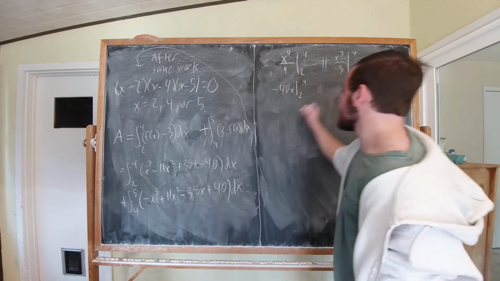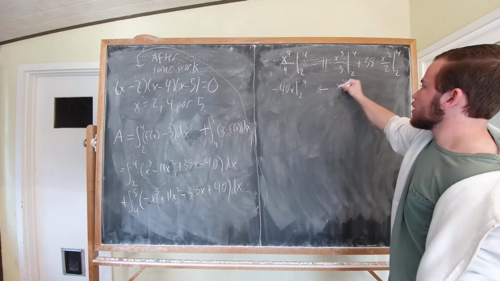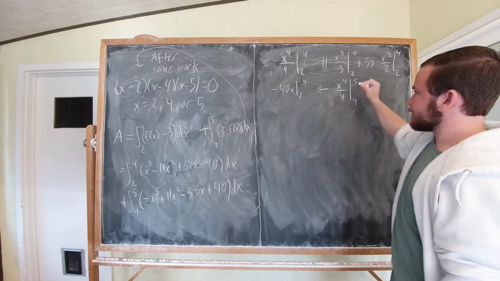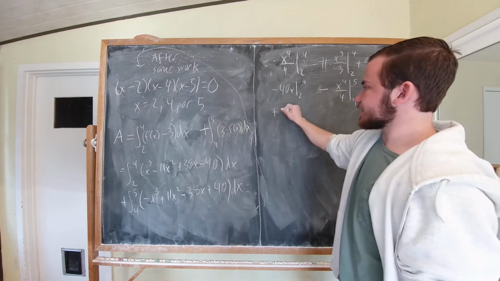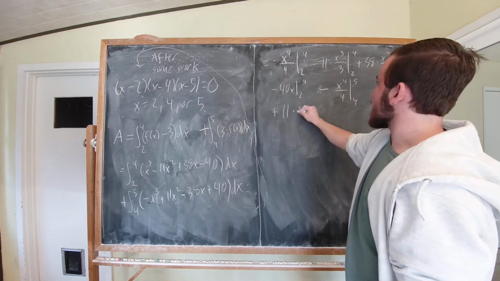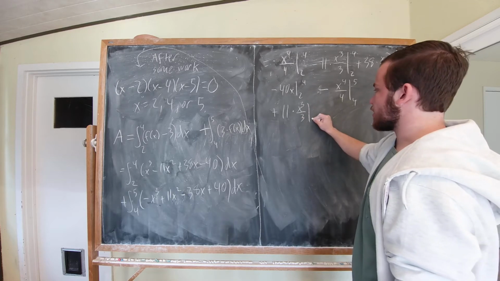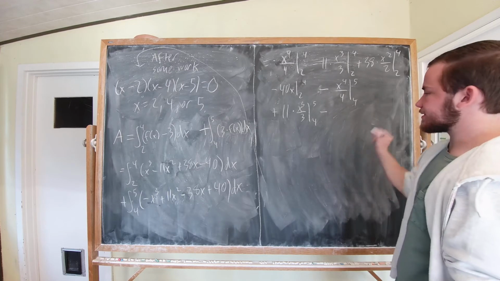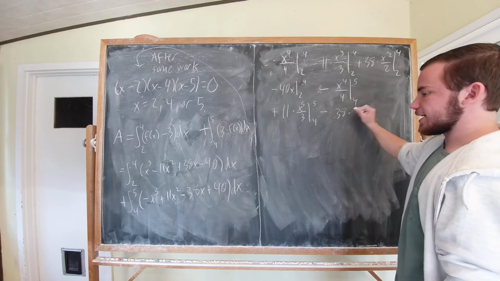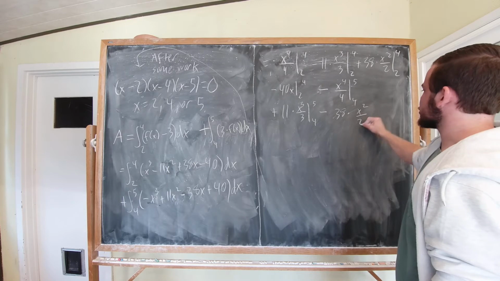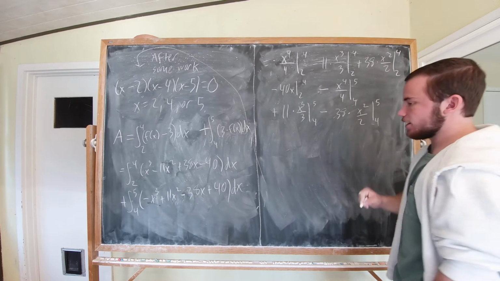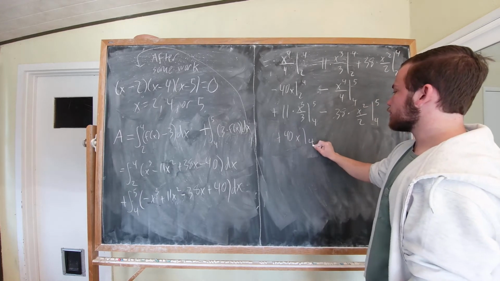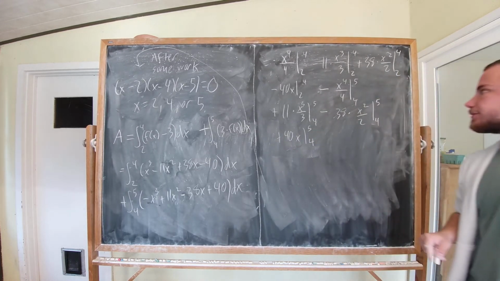Because we have a minus in here. So we're going to have minus x to the fourth over 4 going from 4 to 5, plus 11 times x cubed over 3 going from 4 to 5, minus 38 times x squared over 2 going from 4 to 5, plus 40x going from 4 to 5.